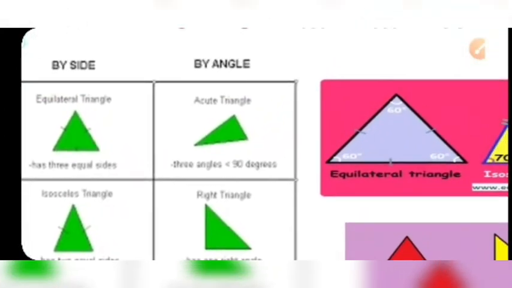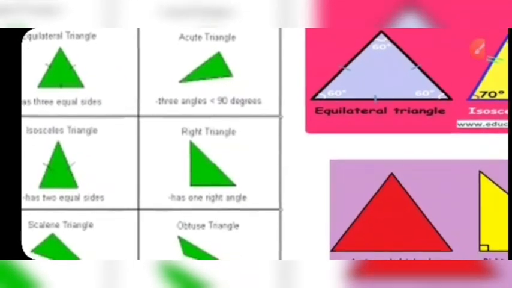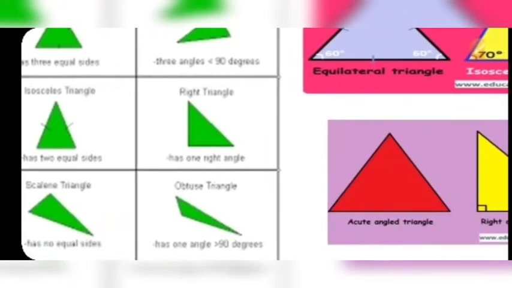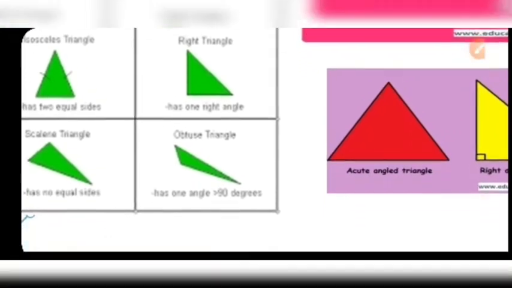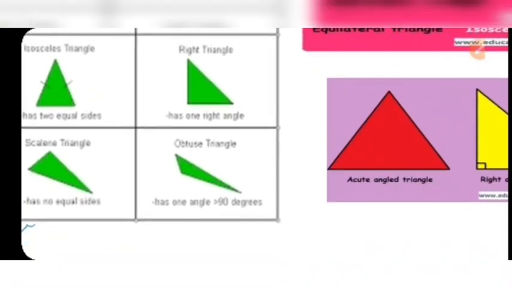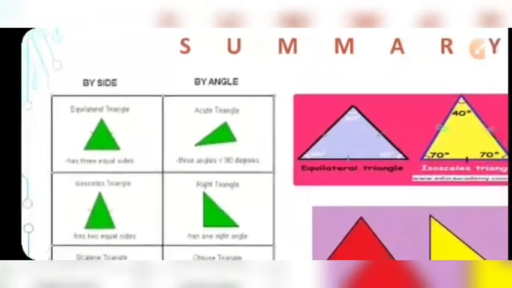And by angle, acute triangle. In acute triangle, each angle is less than 90 degrees. In right angle triangle, one angle is right angle, other two interior angles are acute angles. In obtuse triangle, it has one angle greater than 90 degrees. The remaining two are acute angles.